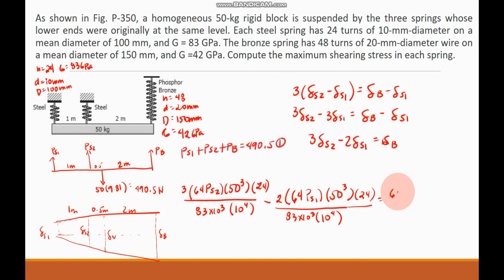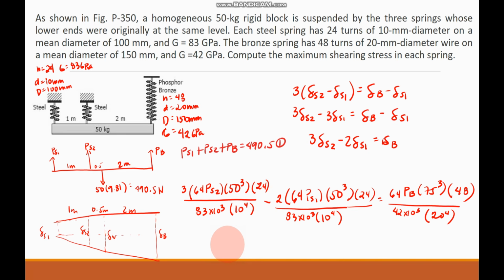So 64 PB. The mean radius is 75 raised to 3 multiplied by number of turns, which is 48, all over 42 gigapascal, 10 raised to 3, and then multiplied by the diameter, which is 20 raised to 4. So simplify pa natin further.